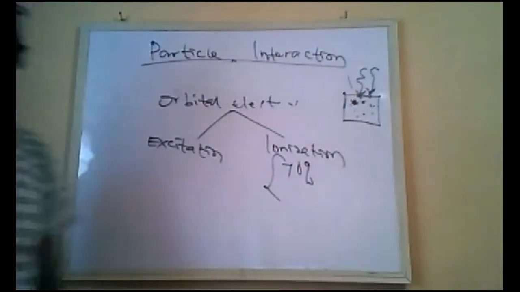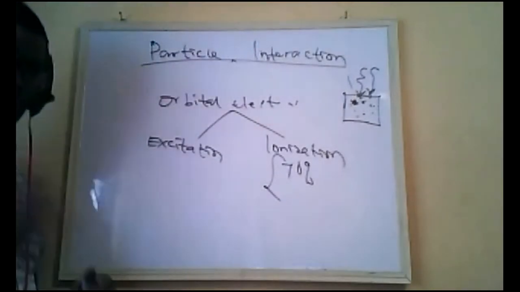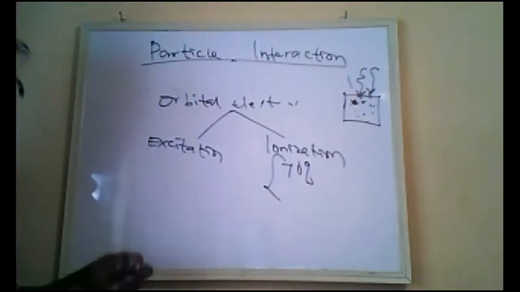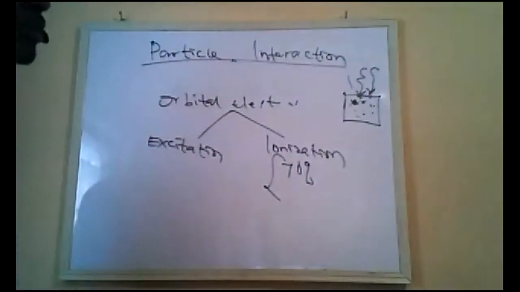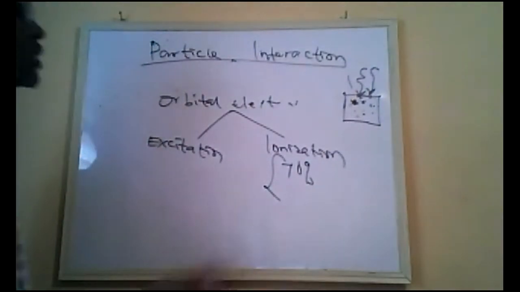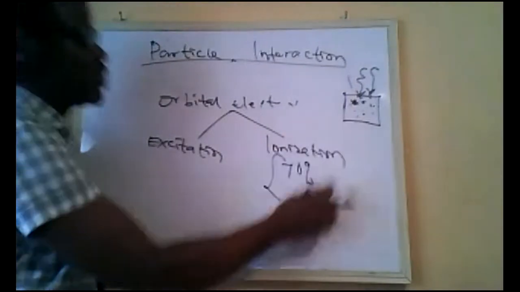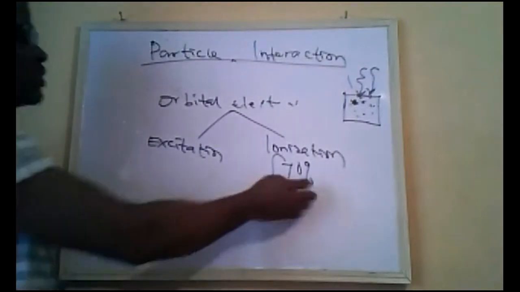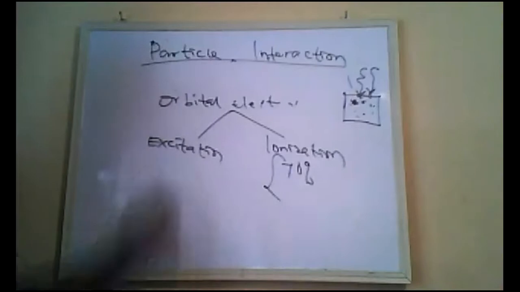Then the charges collected give us the amount of charge that has been deposited. So ionization is about 70% probable. It happens 70% of the time, as against excitation.